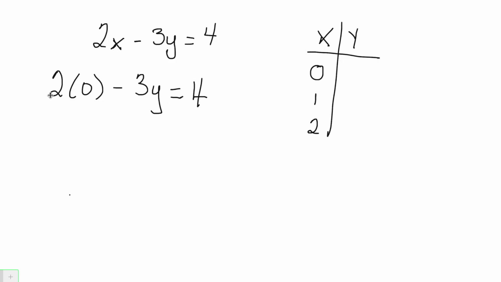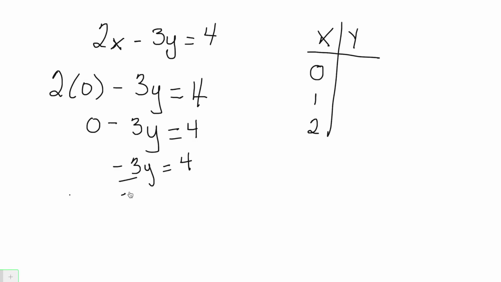Okay, so 2 times 0 is 0. Minus 3y equals 4. All right, so we have 0 minus 3y equals 4. Okay, now 0, I don't need to do anything. I can move the 0 over, but it's still going to be 4. And I'm left with negative 3y equals 4.